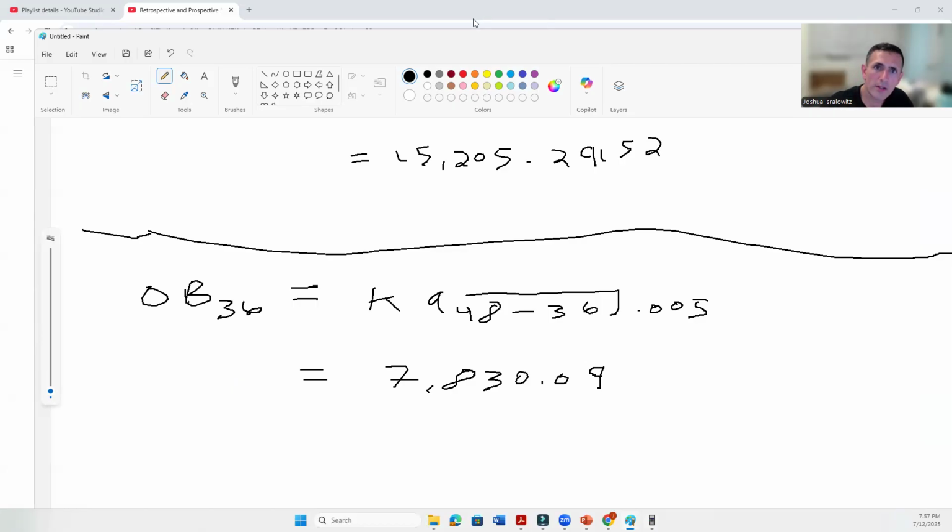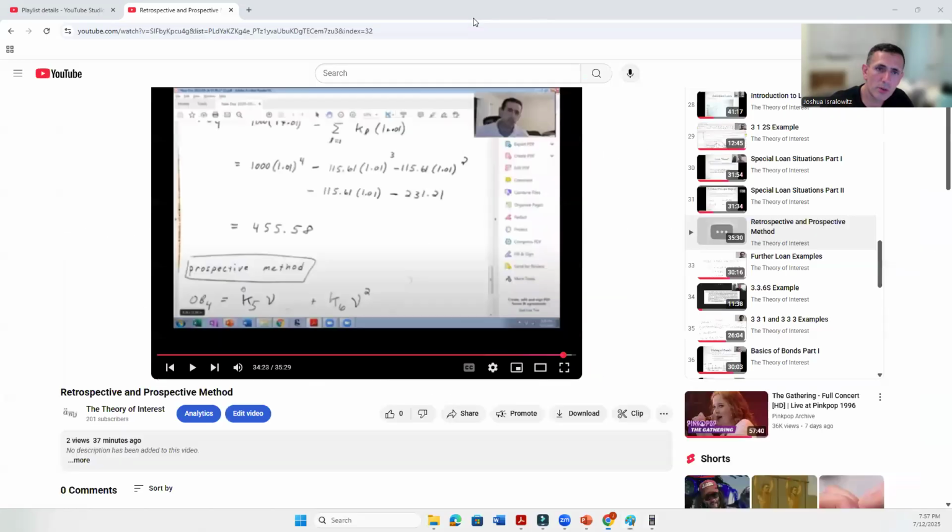Right. So why doesn't it make sense to use the retrospective method? Sorry, I just used the prospective method. The retrospective method doesn't make sense to use.